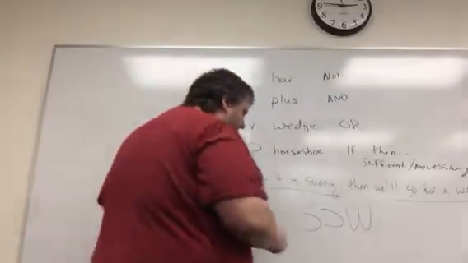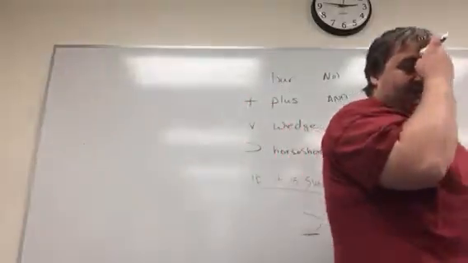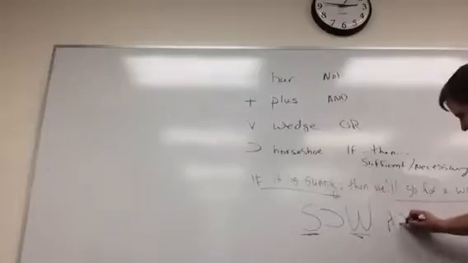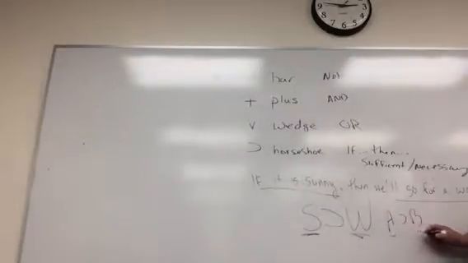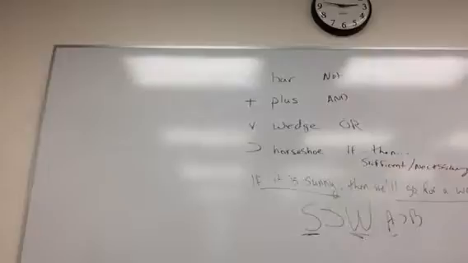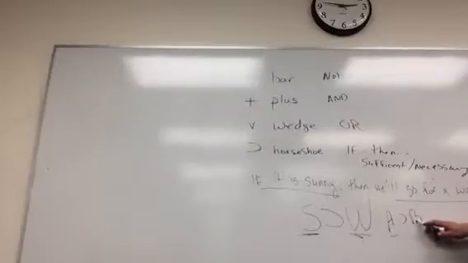Well, whatever comes before the horseshoe is always our sufficient condition. Because what happens is, if this is true, A horseshoe B, if this is true, then this part has to be true. So this being true is sufficient to make that part true. Furthermore, if this is true, then this will necessarily be true.